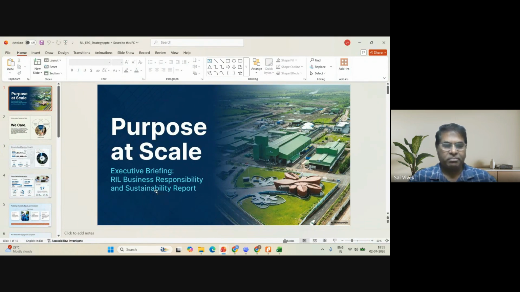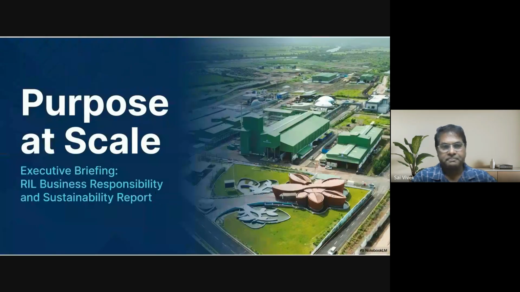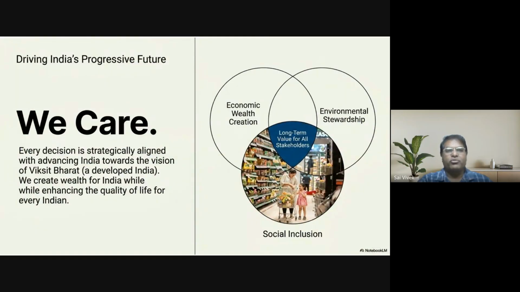I have prepared this PPT on Reliance India Limited. Purpose at scale, executive briefing of RIL, Reliance India Limited, business responsibility and sustainability report. Driving India's progressive future, the motto of Reliance India Limited is we care.